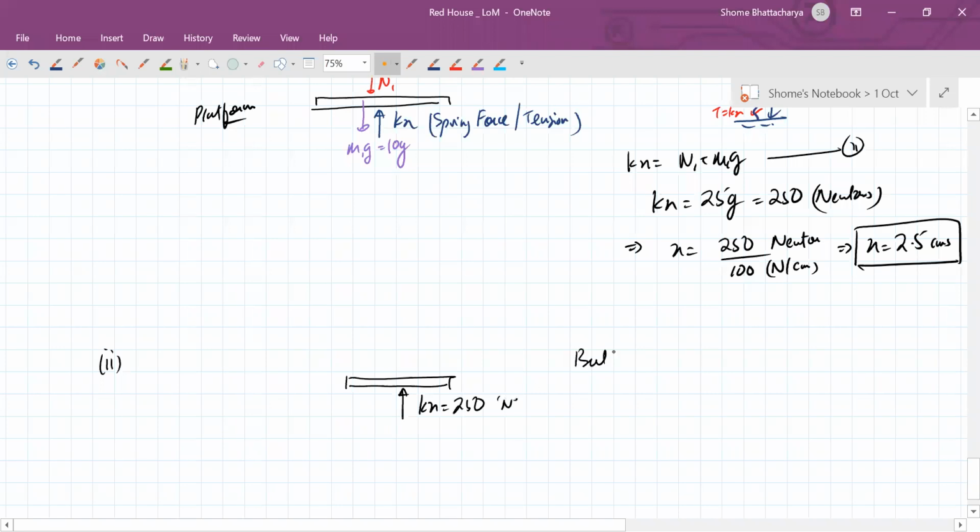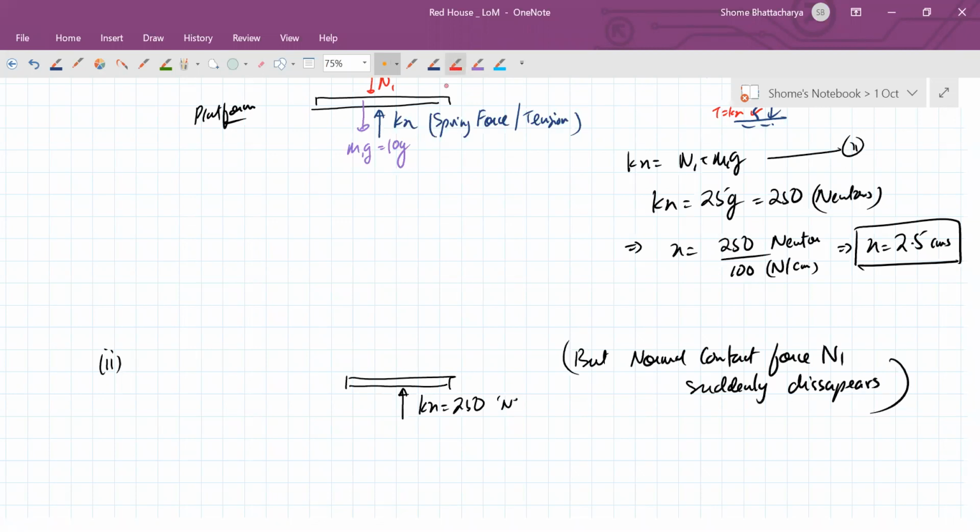But that normal contact force N1 suddenly disappears when that block is removed. So that is not there anymore. So you just have this and the weight, which is 15g. So this is more than this. So the platform jumps up with an acceleration a.